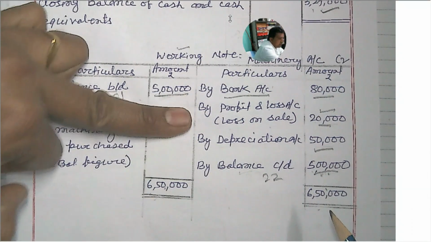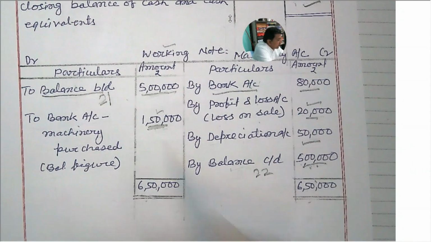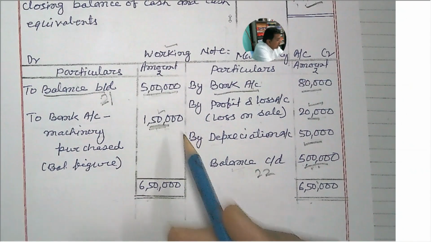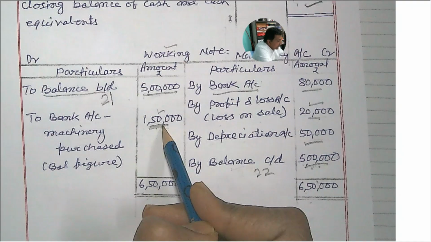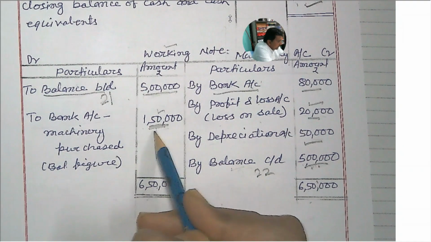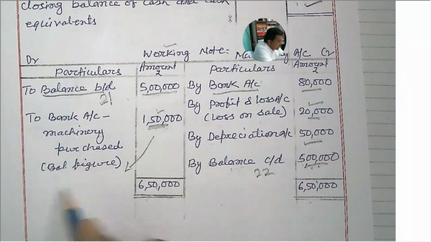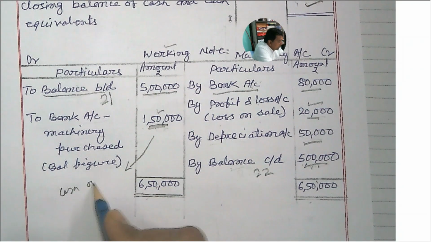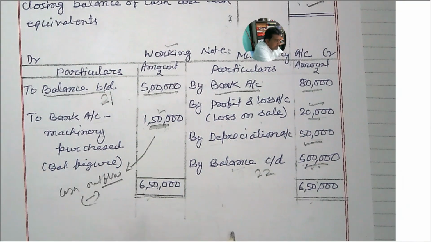So 6,50,000 minus 5 lakh is 1,50,000. It implies that additional machinery purchased during the year is worth rupees 1,50,000. This represents cash outflow, and that is why it is deducted, and it is shown in the solutions.